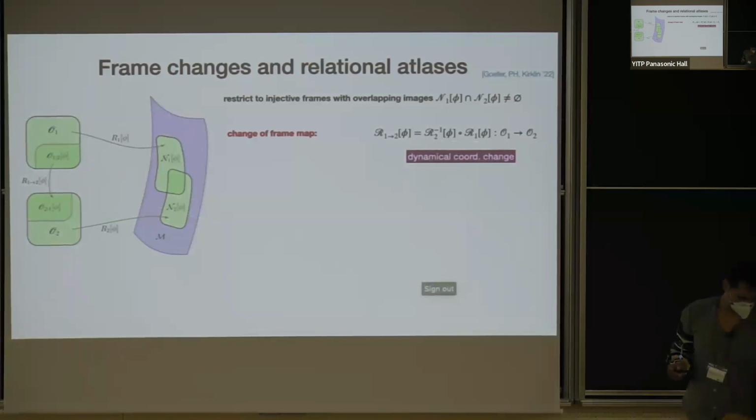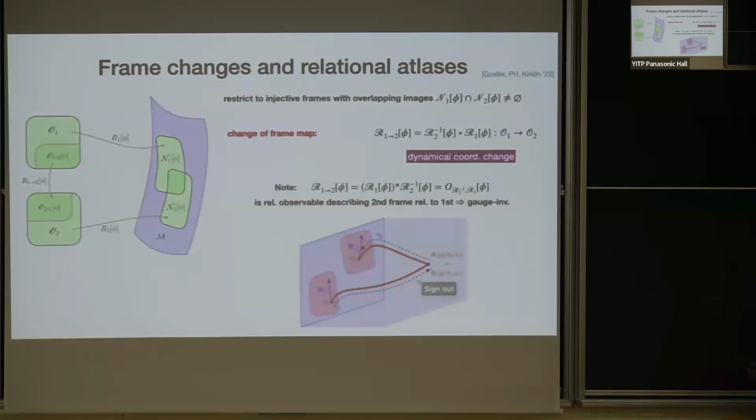When you look at this, and look back at the example of special relativity, where I showed you that the frame change map was also a relational observable, it's the same here. It's really just the addressing of the first frame by the second frame, if you take into account that these transform like scalars.